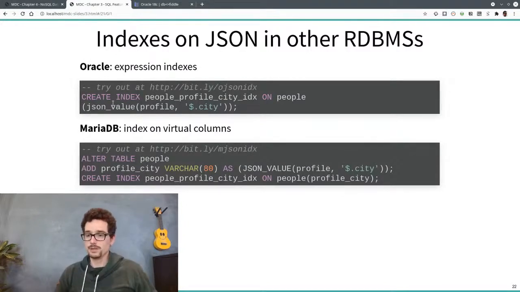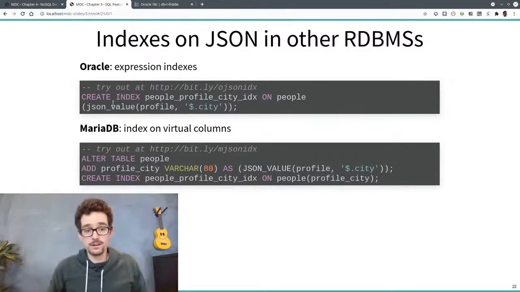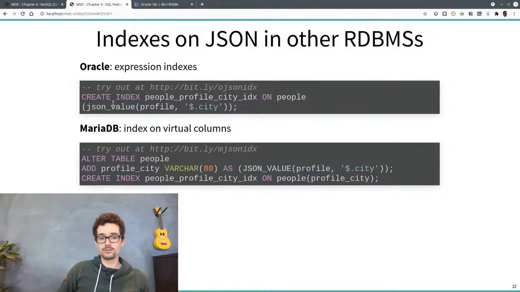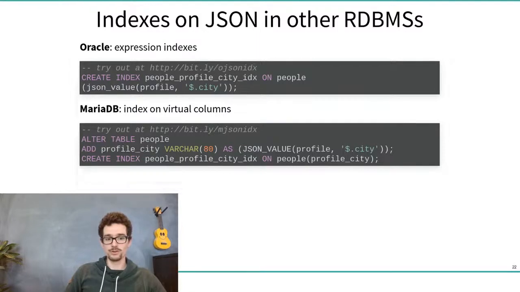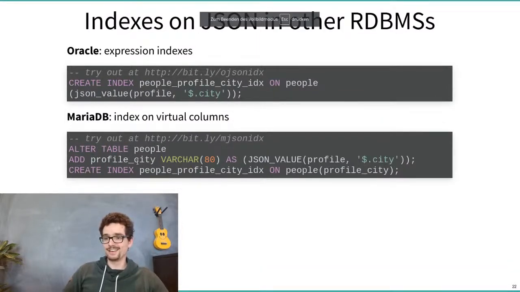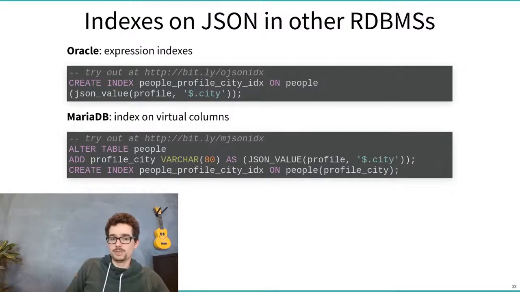In MariaDB there's a nice approach called virtual columns. You can add a column to a table. That's something you already know. So we can add a column to a table, and then we can store data in it. But in MariaDB you can say AS.